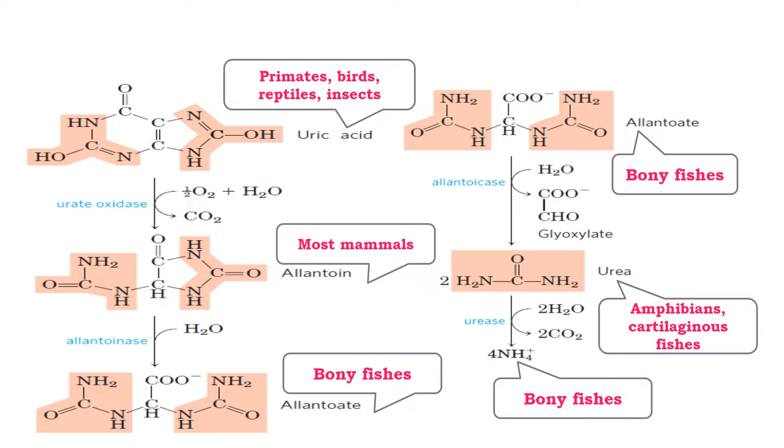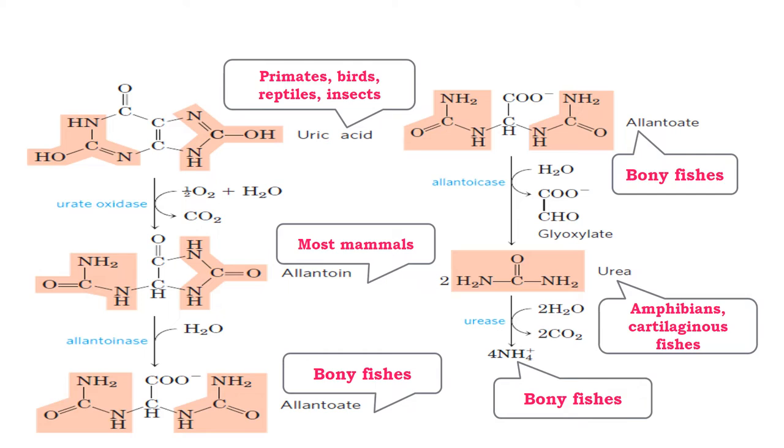Now this ring structure, which has 2 nuclei, becomes 1 nucleus, and then becomes an open structure. So uric acid is a cyclic form with 2 nuclei, allantoin is a cyclic form with only 1 nucleus, whereas allantoate is a compound with an open structure.